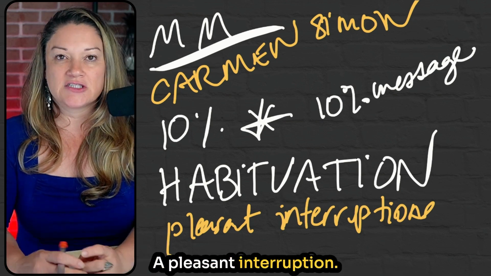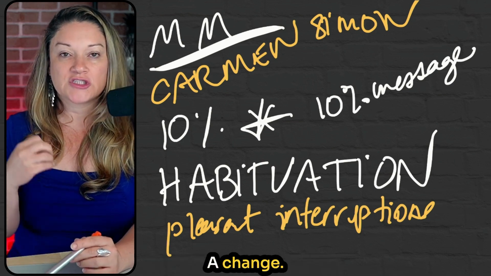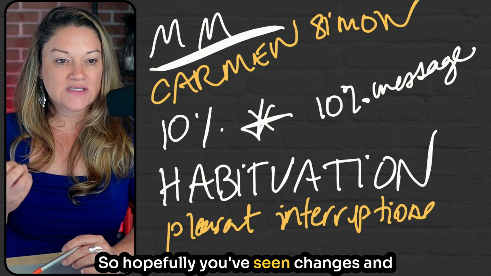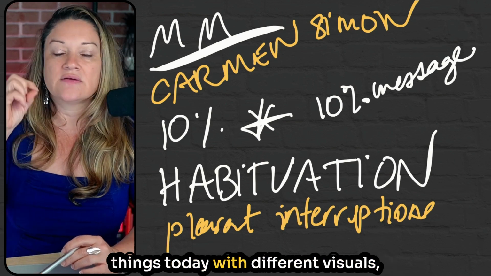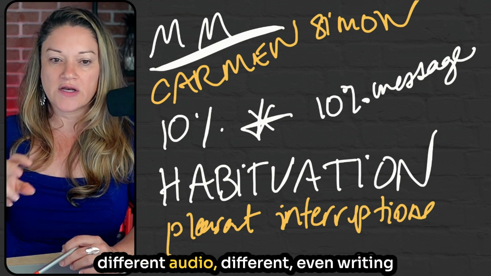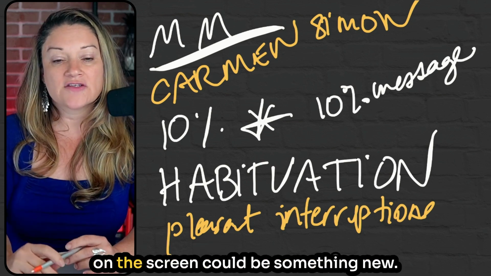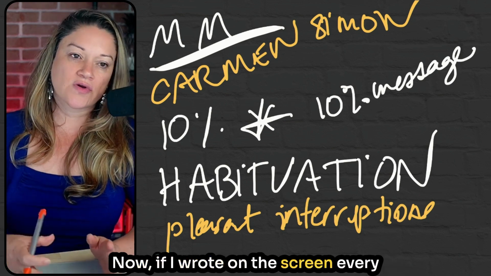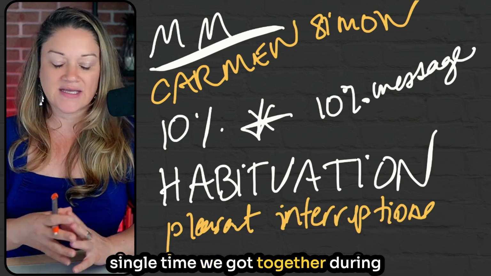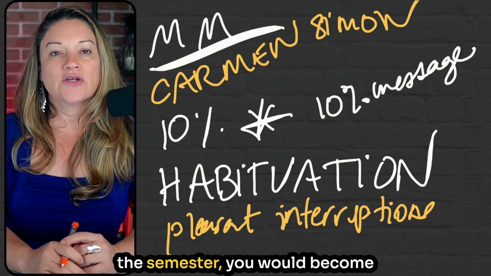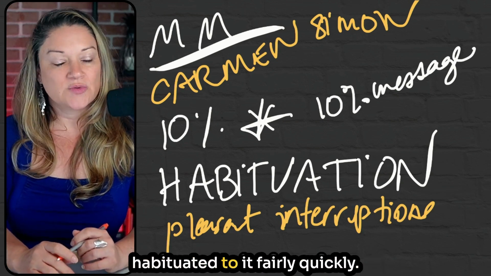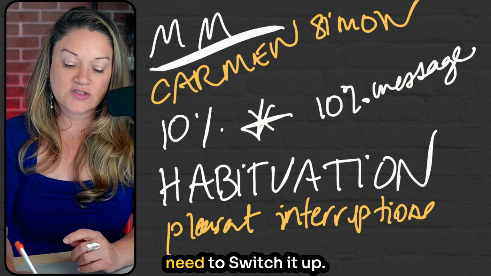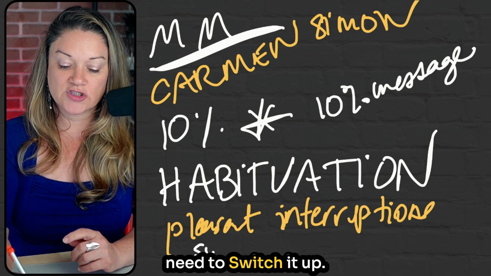A pleasant interruption, a welcome interruption, a change, right? So hopefully you've seen changes in things today with different visuals, different audio, even writing on the screen could be something new. Now, if I wrote on the screen every single time we got together during the semester, you would become habituated to it fairly quickly. So the idea is that we need to switch it up.